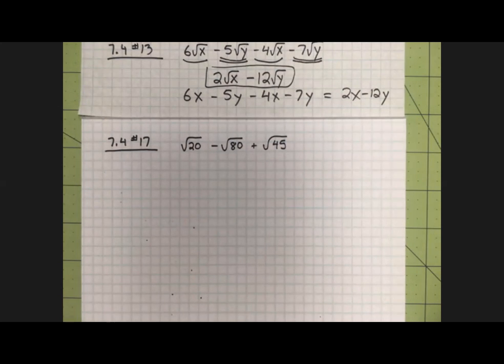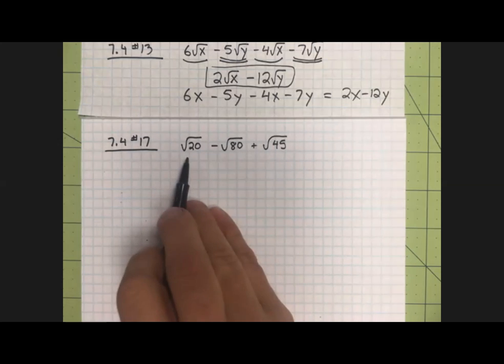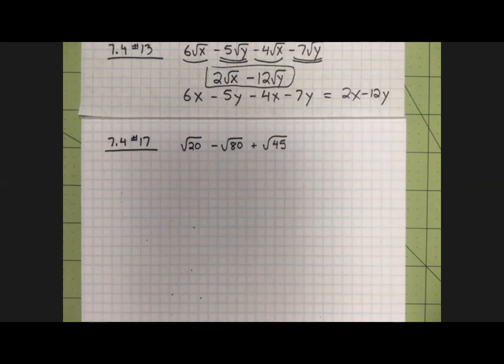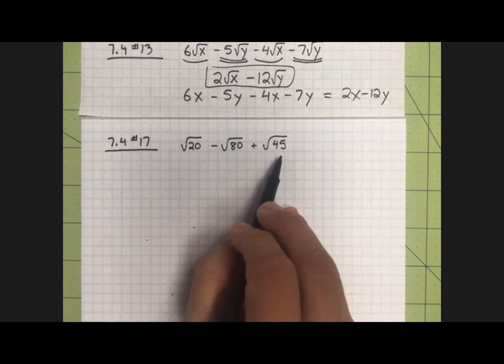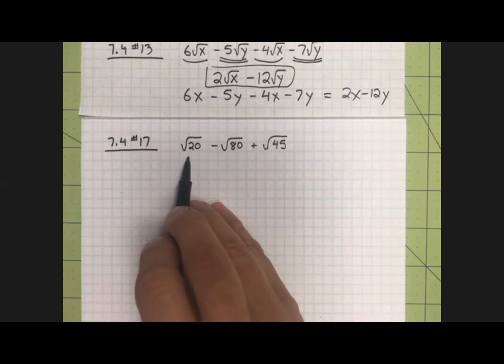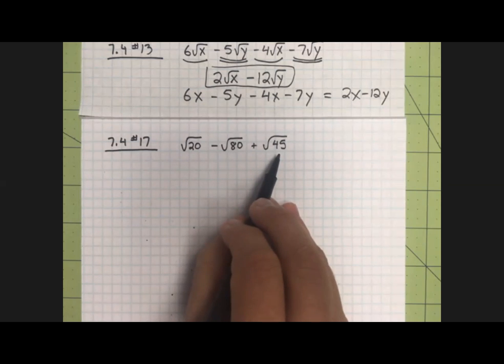Add and subtract. This is problem number 17. And your first reaction is to say, well, these are 3 different people. I can't do anything about these. None of them are the same. Oh yeah, except you haven't simplified them yet.